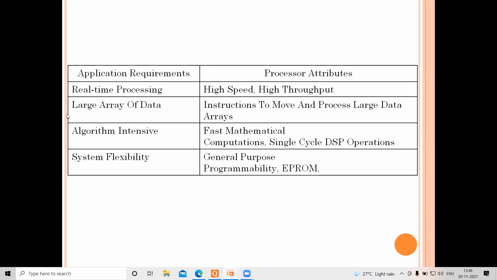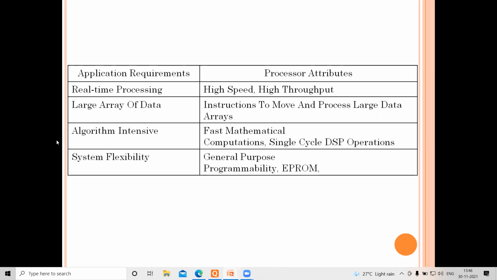When your requirement is a large array of data, maybe at the reception, or someone browsing a lot of information, with patient information being dumped in one computer, in this particular case you should have algorithms with instructions to move and process large data arrays.